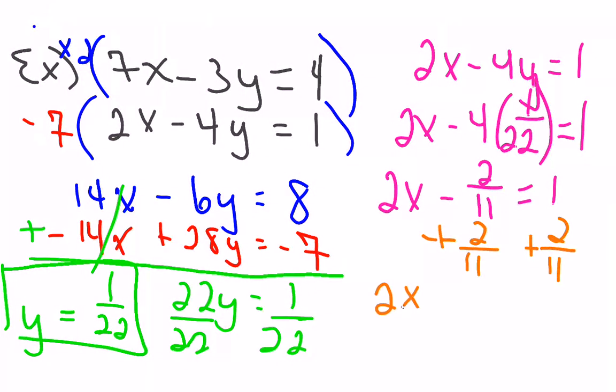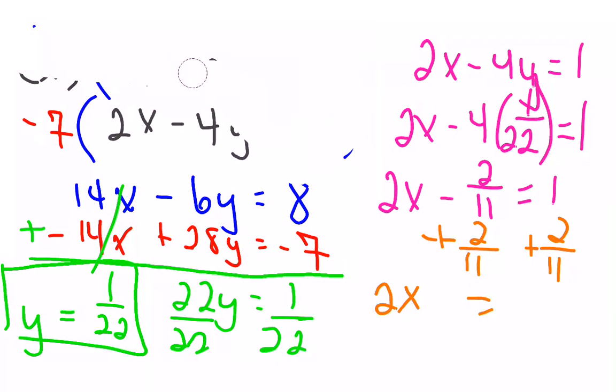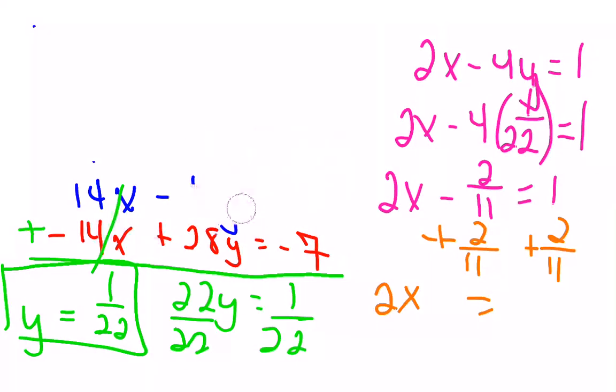And we'll have 2x on this side, and then we have to add. And so remember, adding fractions, we need a common denominator. So let me give us some more room so we can see how we add those together. All right, so we have 1, which we can write 1/1, and add that to 2/11.